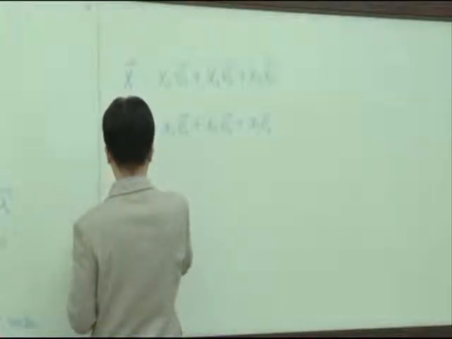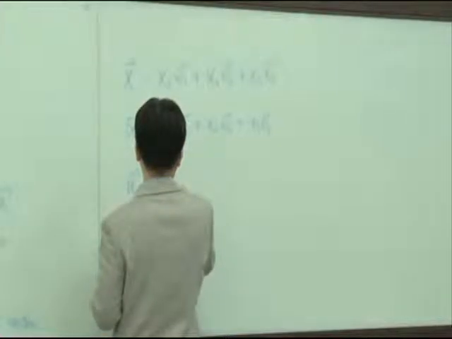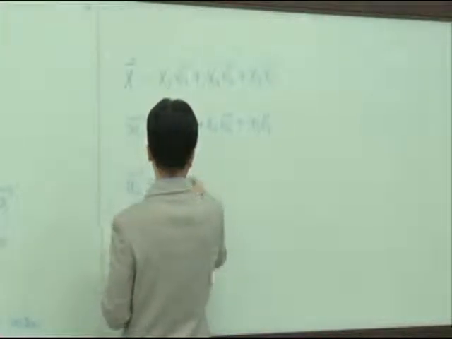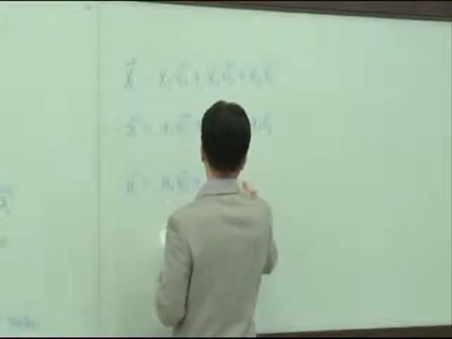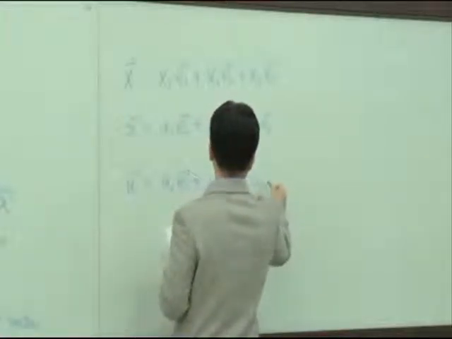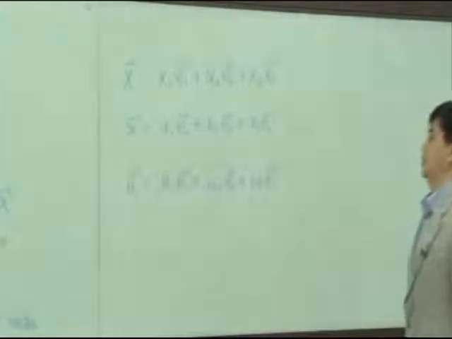And u, the displacement, is u1 e1, u2 e2, u3 e3. Right?